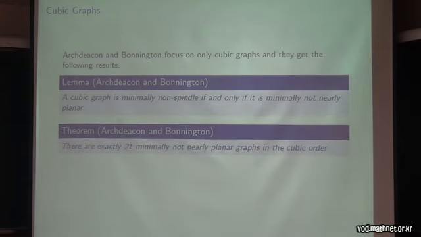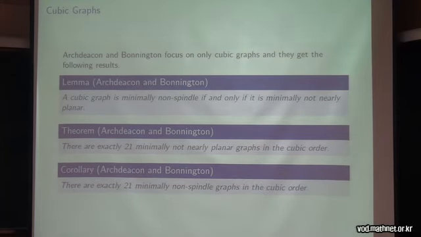And they said that there are 21 minimally non-nearly planar graphs. This means there are only 21 minimal non-spindle graphs in these cubic graphs. And to find these 21 graphs, Archdeacon and Bonington said that they use computers and they checked by hand.